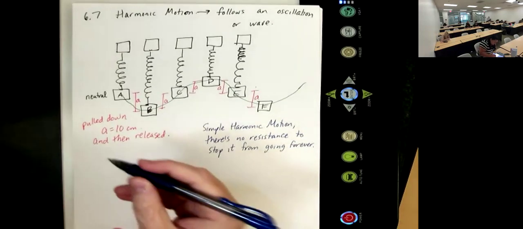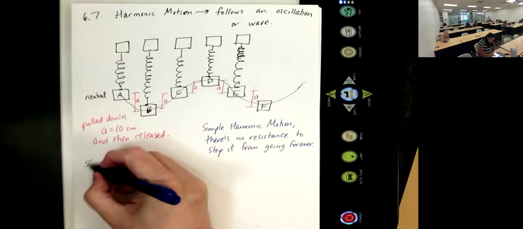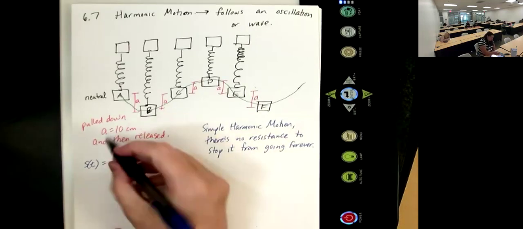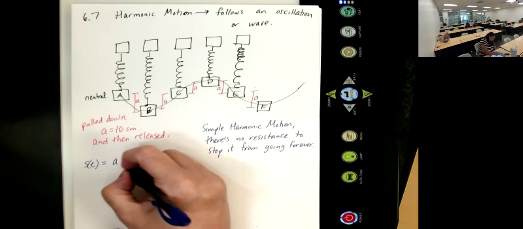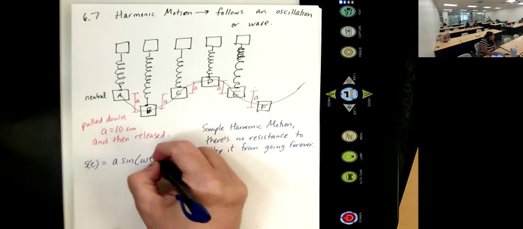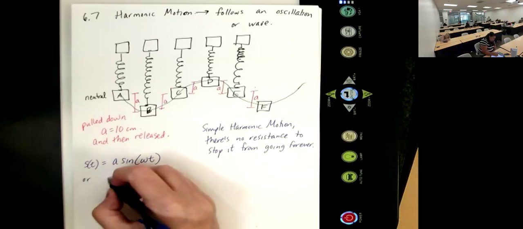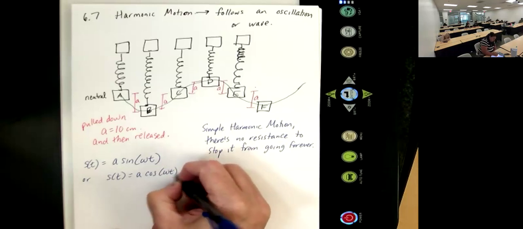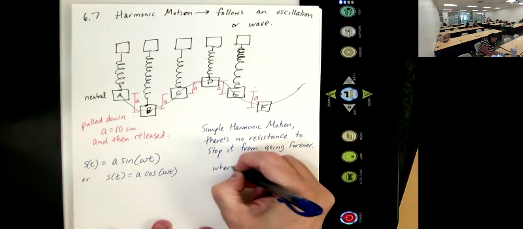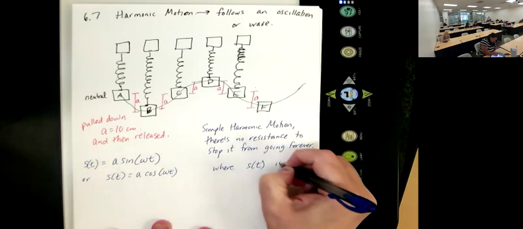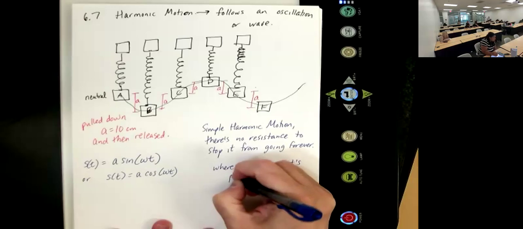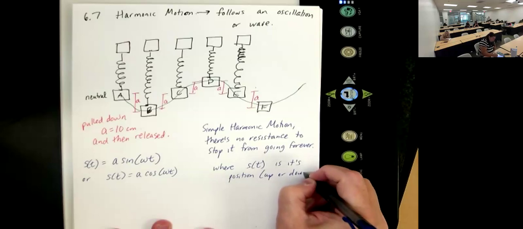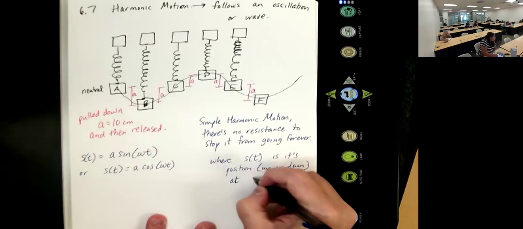And we can measure the position of these using either a sine or cosine graph, because they both look like that wave. We can have an A sine omega t, or a cosine omega t, where S of t is its position up or down at time equals t.